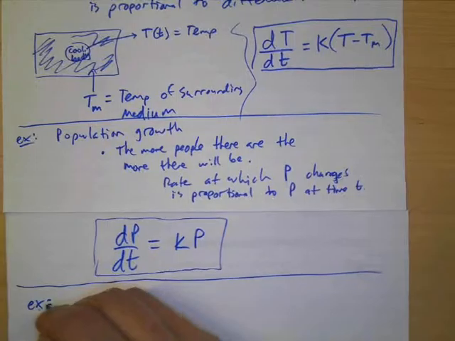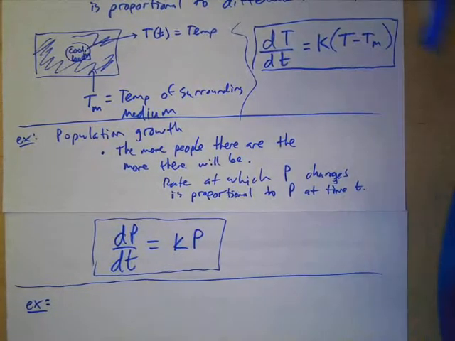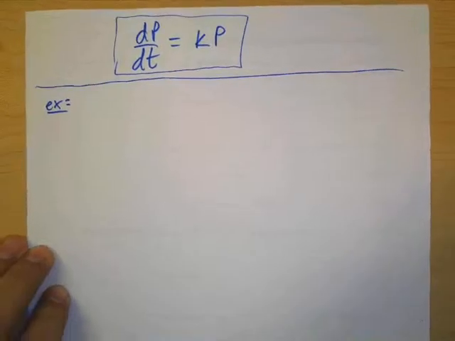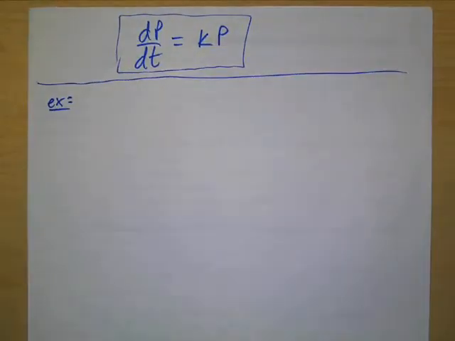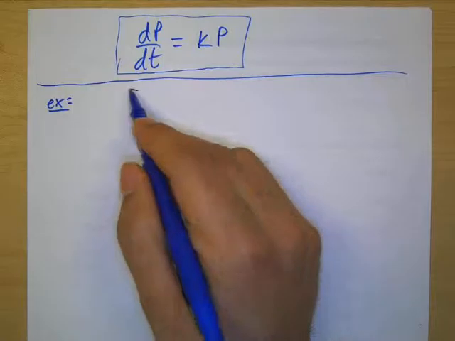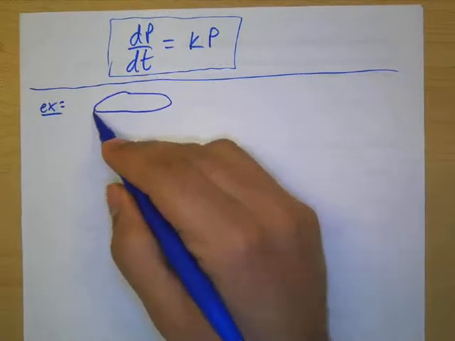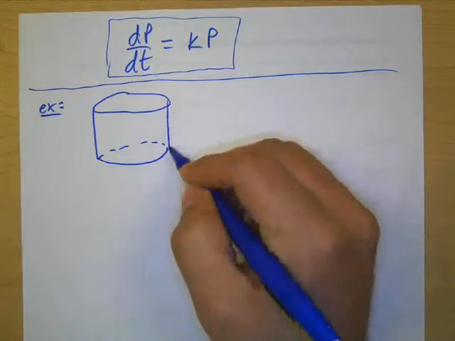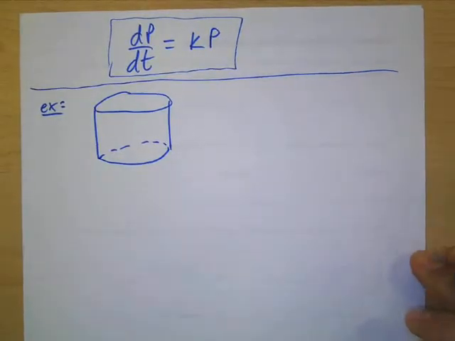This one will be a little bit more involved, but not too bad. All right, so let's say we have a tank. This sounds like a pre-calc problem. What's wrong with tanks?